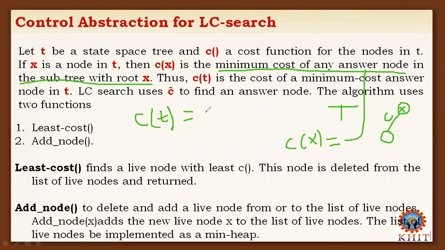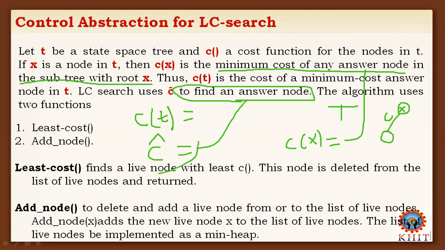How we get C of T, we will discuss in the next class. So the LC search uses C cap. C cap is the estimated cost function. We will use C cap in the least cost searching technique, which can be used to find the answer node.